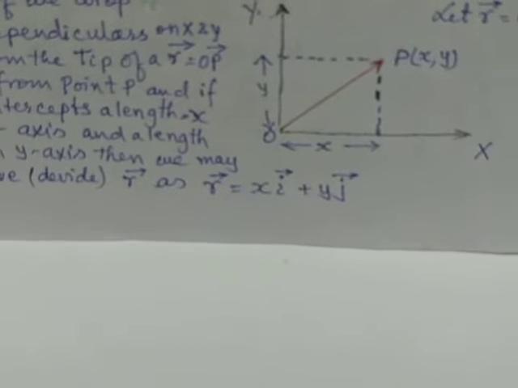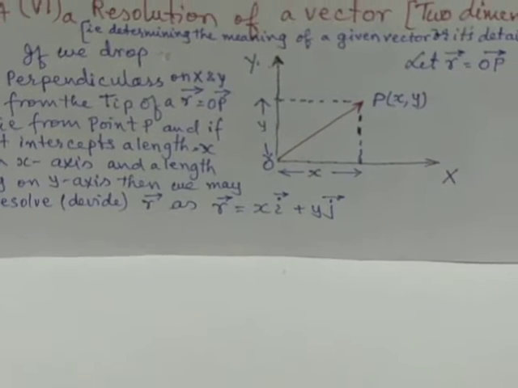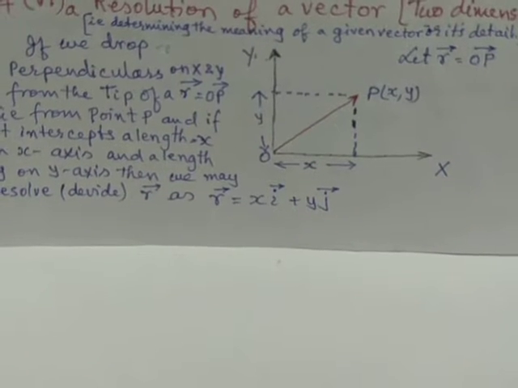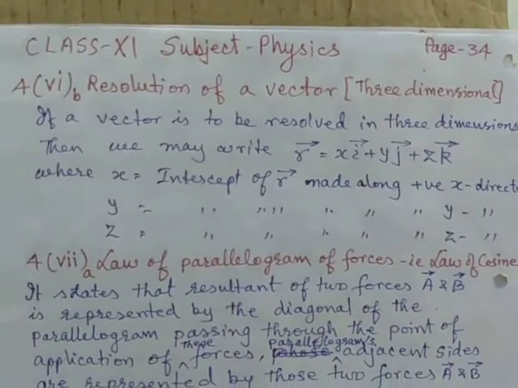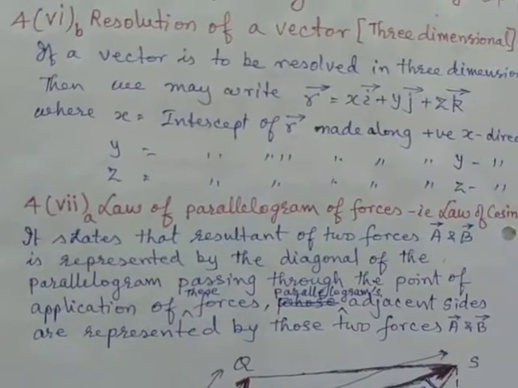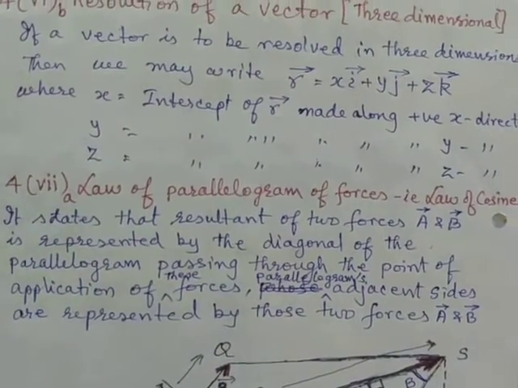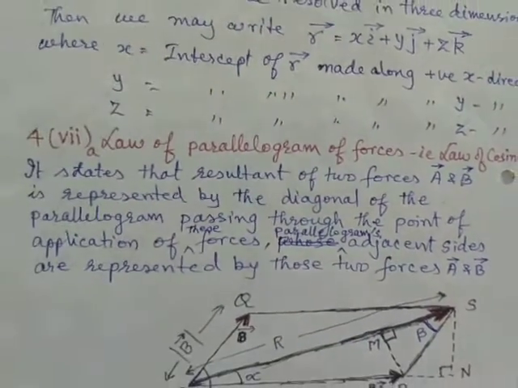If we want to resolve it in 3 dimensions, we will simply add a z term: r vector is equal to xi plus yj plus zk, as you are seeing here. So resolution of a vector in 3 dimensions is very similar to that in 2 dimensions, except we are adding another z intercept, the z coordinate.